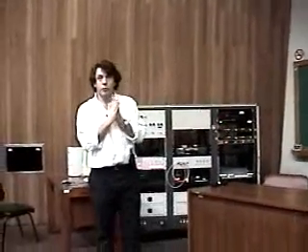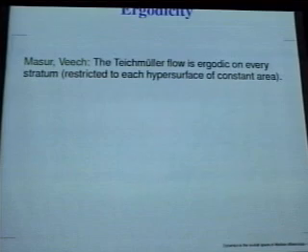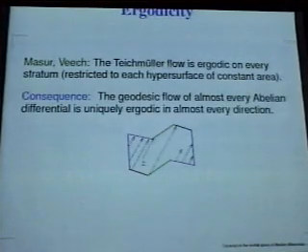So this means that the connected components are the minimal positive measure sets which are invariant by the flow. So this is one property of the Teichmüller flow, and it has a consequence, and I'm not saying the consequence is obvious by no means, this is also a theorem, but it is a consequence that because the Teichmüller flow is ergodic, then the geodesic flow on almost any translation surface is uniquely ergodic.